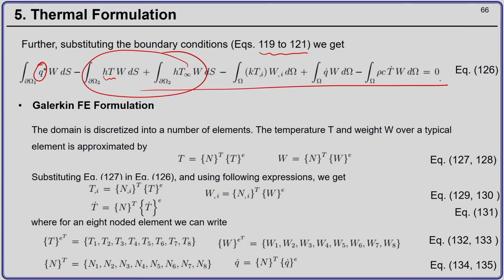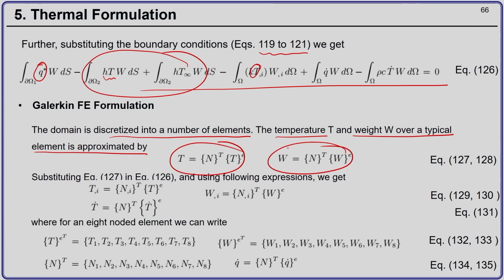Okay. So, you have reduced the continuity requirement on the approximation of T by one order, and then what we can now do is discretize the domain into a number of finite elements, and the temperature T and the weight W over a typical element can be approximated using equations 127 and 128, okay, where N is the shape functions corresponding to the element that you have chosen, and T corresponds to the temperature at the elemental nodes.